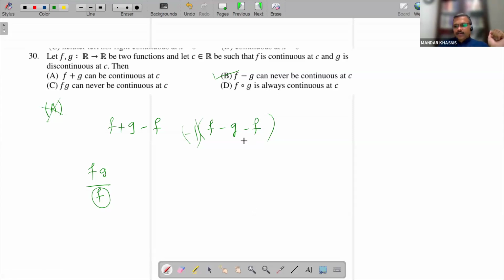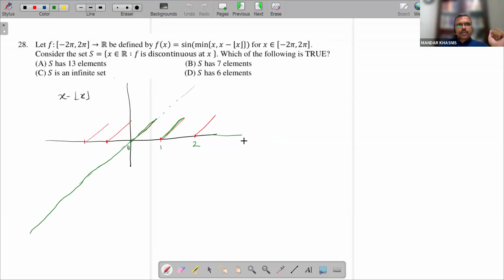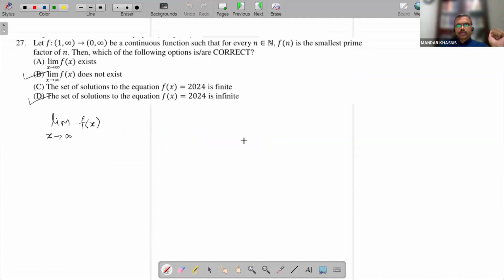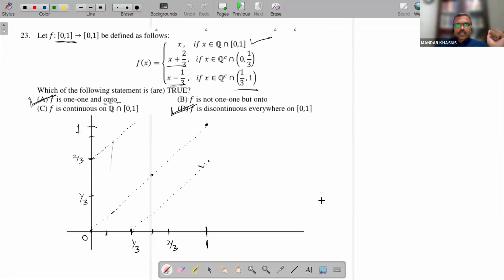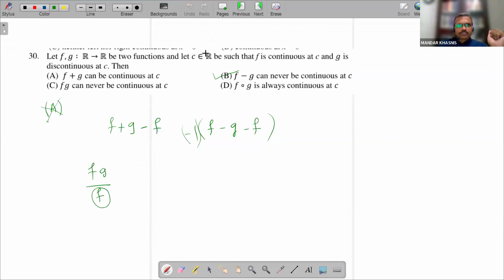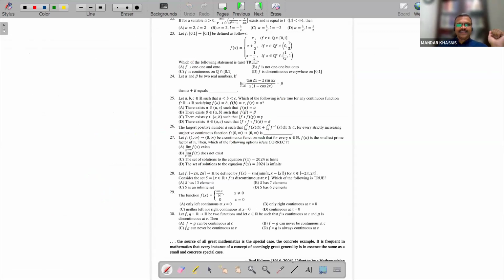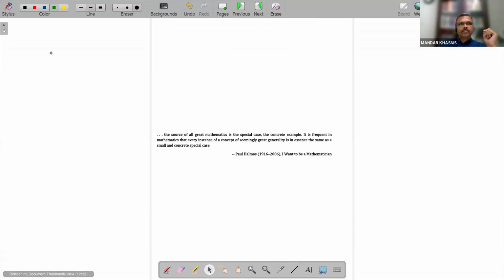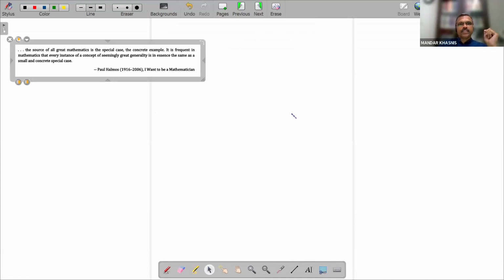Okay, fine. This quote I just wanted to show you. It is an important quote that you can read even later. He was a great mathematician, and what I wanted to say by this is, keep working with examples.